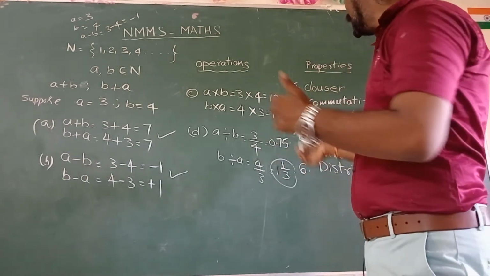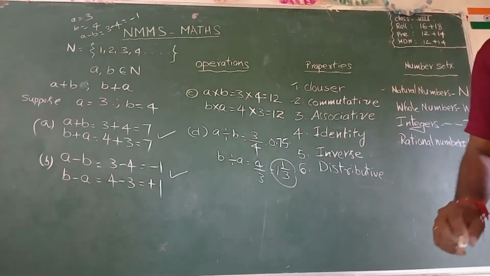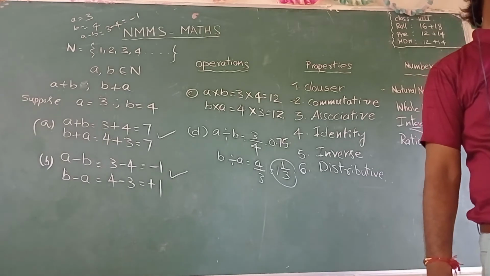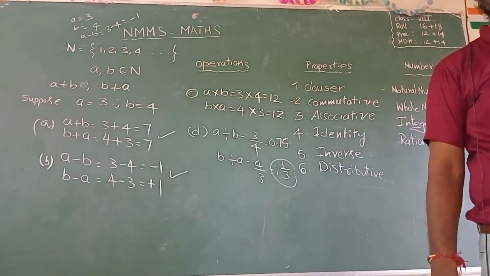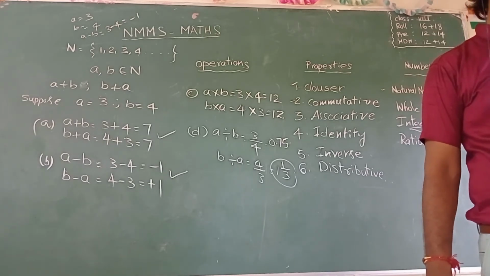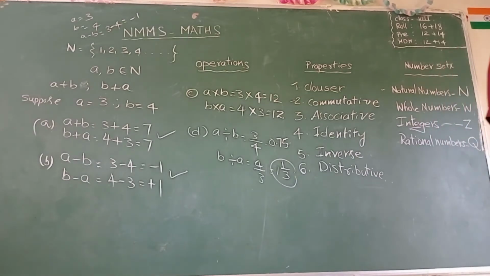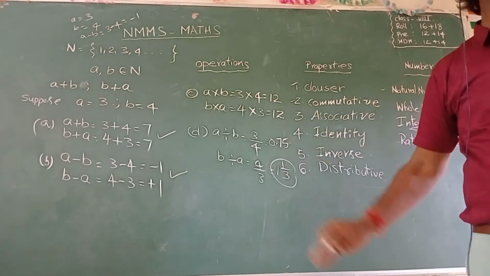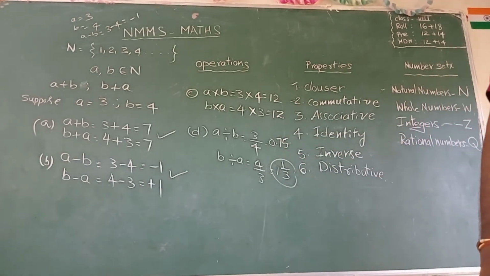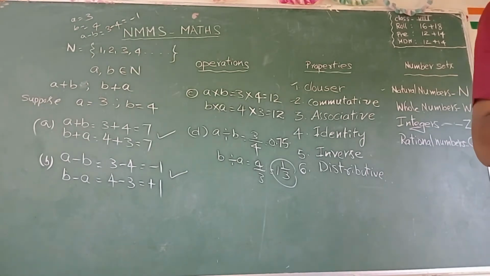Next, commutative. Commutative means if you take any two numbers from the set of natural numbers and perform the operations, like if you add A to B or B to A, if you get the same answer, then it is commutative.